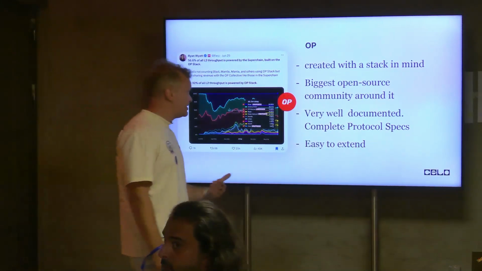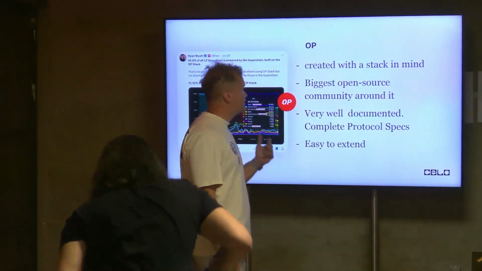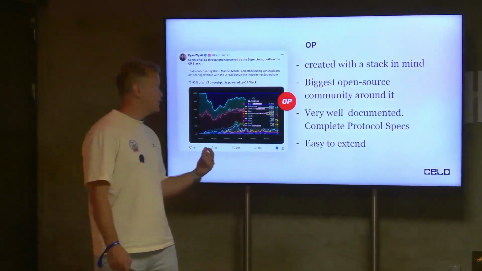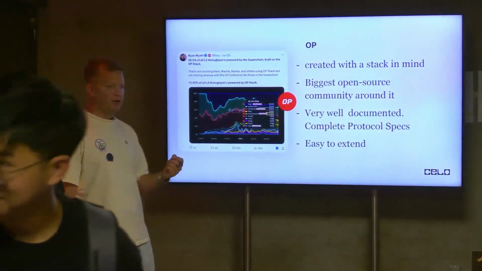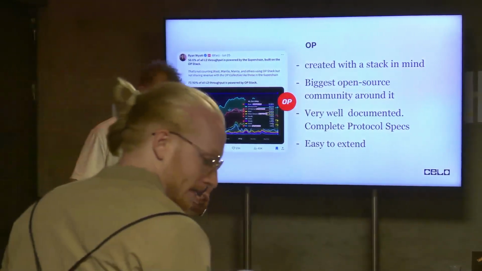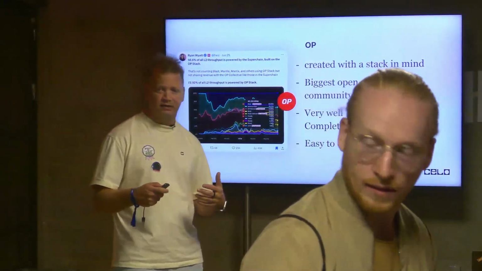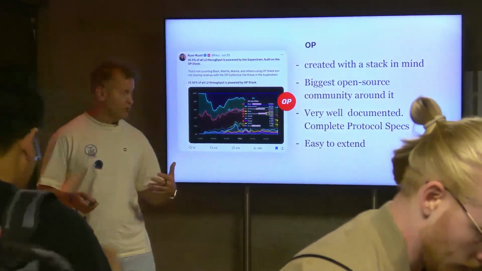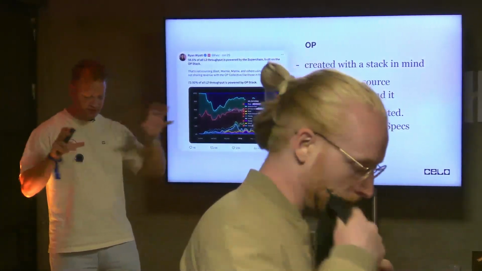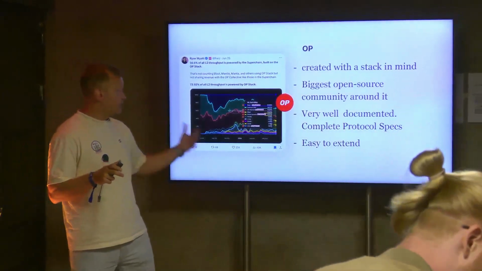I guess that's not just luck. OP was created to be a stack, and that matters because when you see the whole design and code, it's very well structured, modular, and separated into parts. So it's very easy to extend.